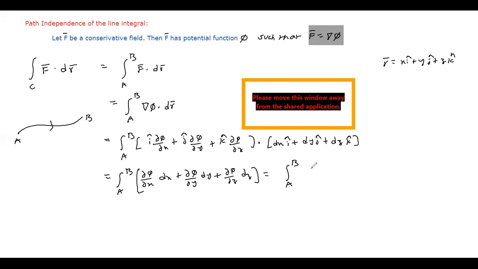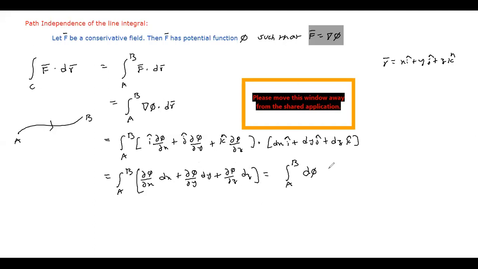This formula, a partial derivative into a differential, is called d phi. Total derivative formula: d phi is dou phi by dou x into dx plus dou phi by dou y into dy plus dou phi by dou z into dz. Okay, this is called the total derivative.